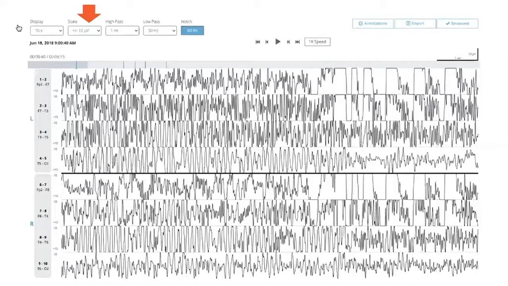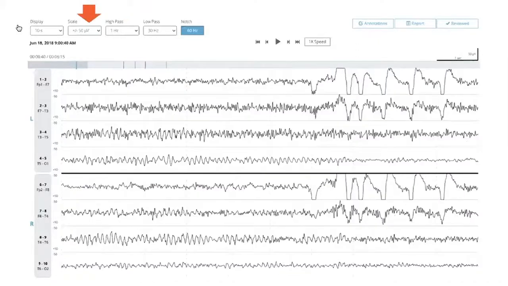I usually scale it to, I don't know, Dr. Stern, what is your style of reading, but I usually scale it in such a way that it kind of takes about half of the space between the two horizontal lines, more or less. What is your style? I agree. It's a matter of being able to see the detail. You don't want to blow it up too much, nor do you want to lose the detail. And it's nice to adjust it based on the patient.